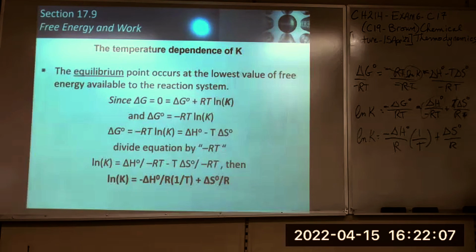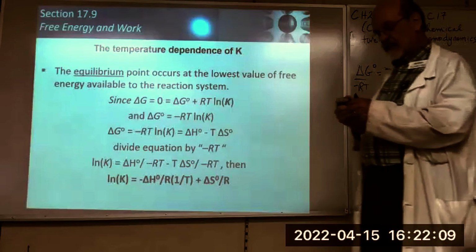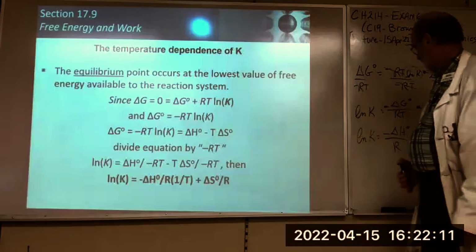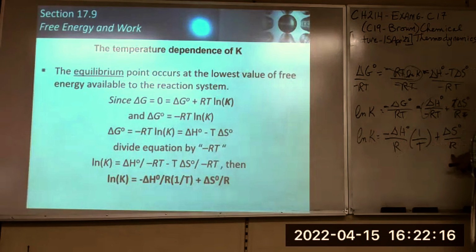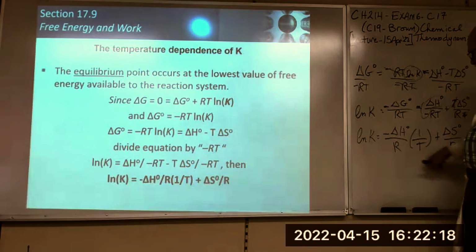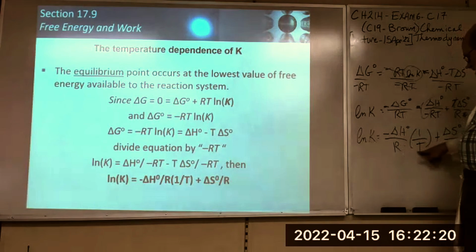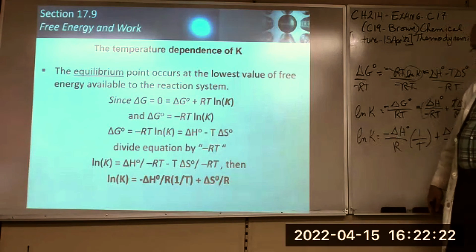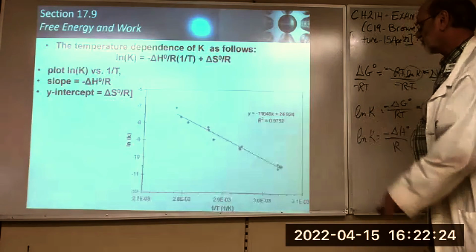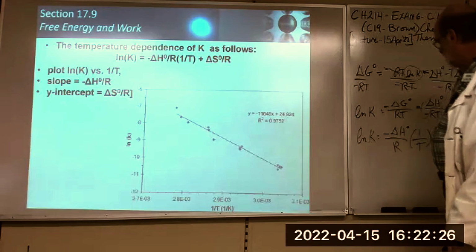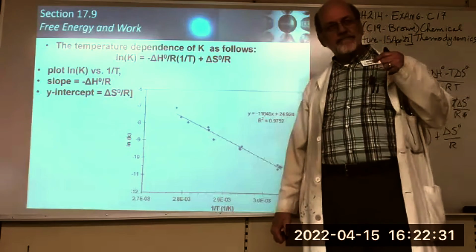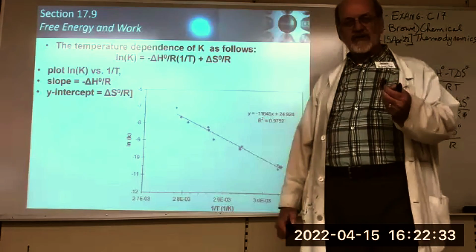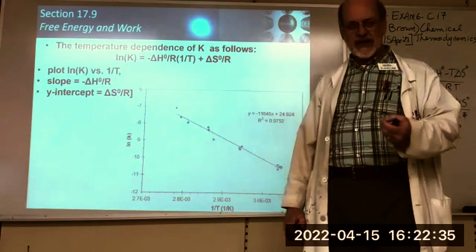Okay, so now, what does that look like? Looks to me like a straight line. Y equals mx plus b. Y-intercept, slope of the line. This is x, this is y. So say we've conducted an experiment with a single reaction over different temperature ranges.